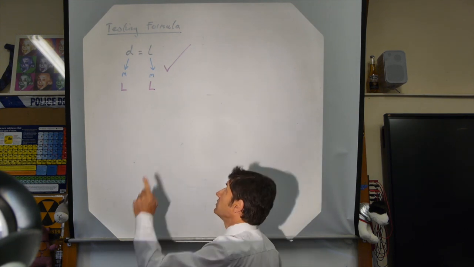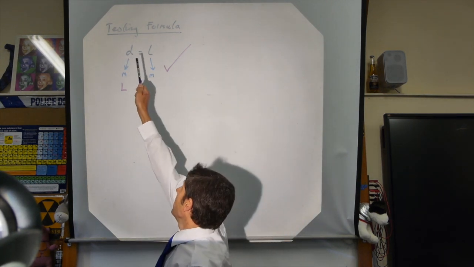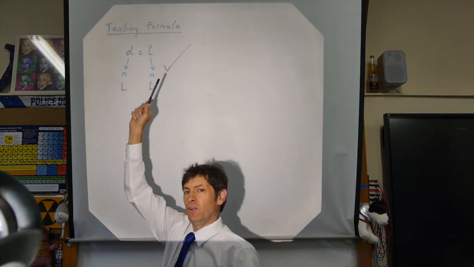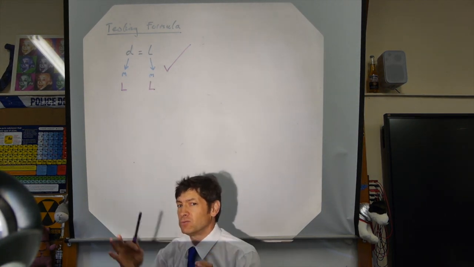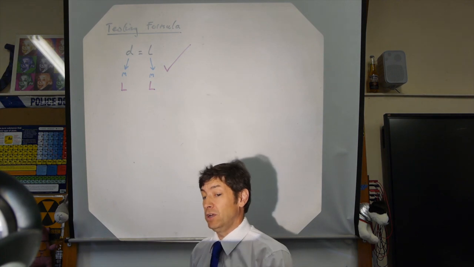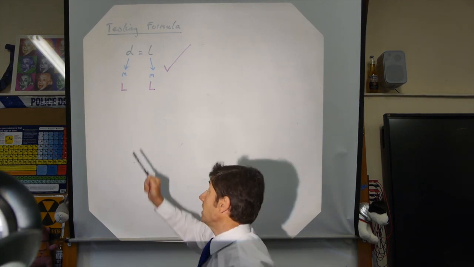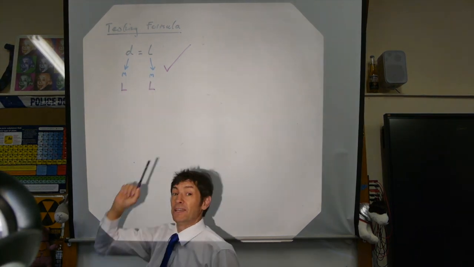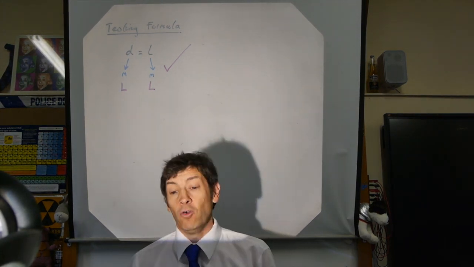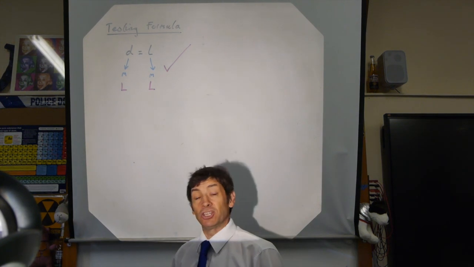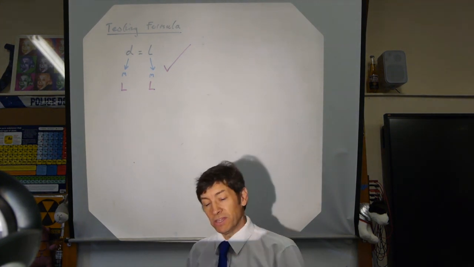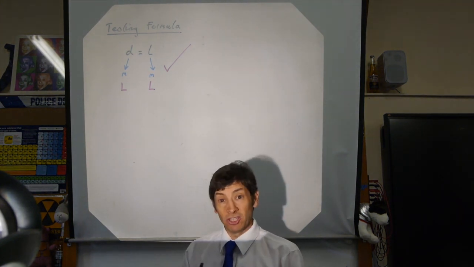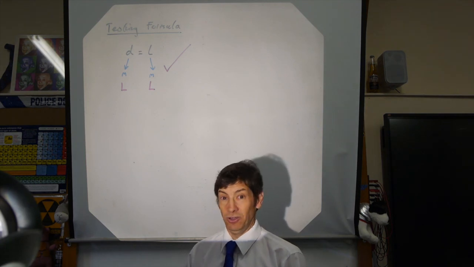Or you could say the distance to the moon is 6 meters from Earth. Clearly that's rubbish because the quantities are wrong, but it is correct to state that a distance to the moon is a measurement of length. So that formula is dimensionally correct. So what I'm going to do is look at some other formulae and check whether they're dimensionally correct or not.